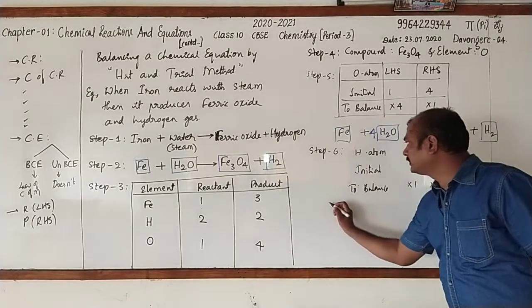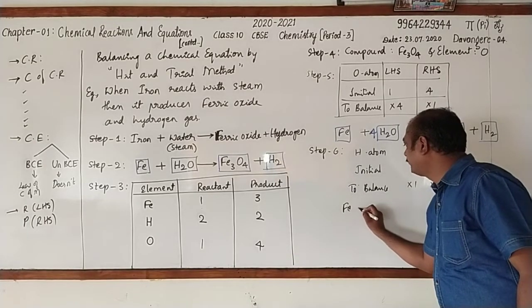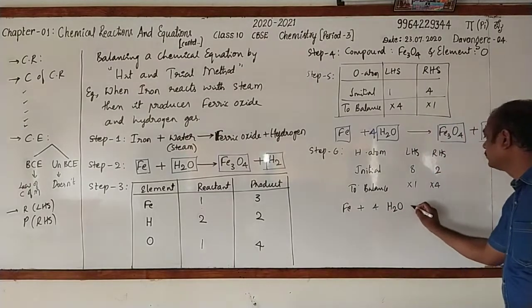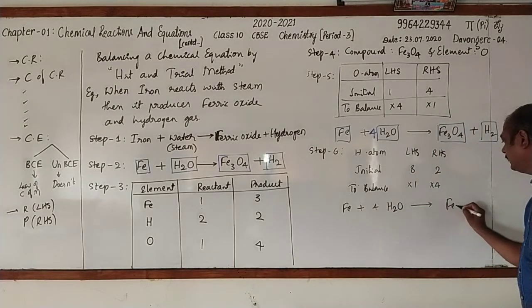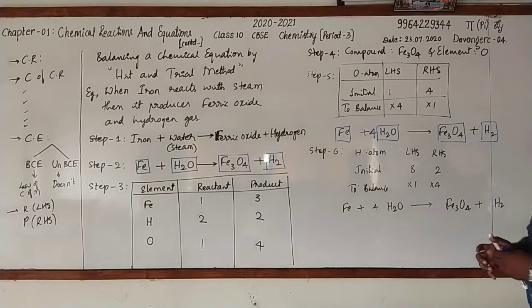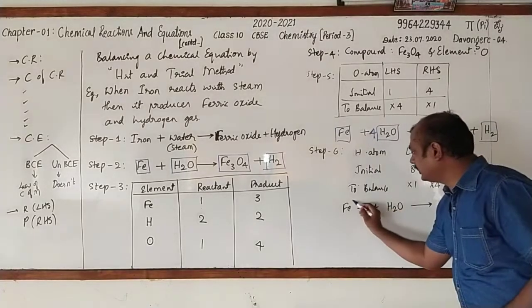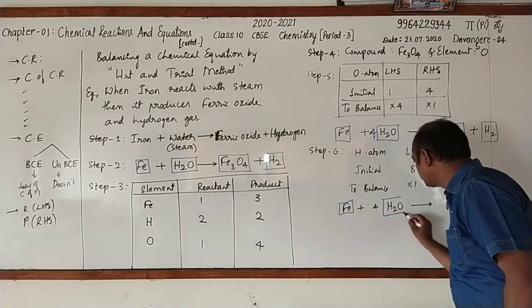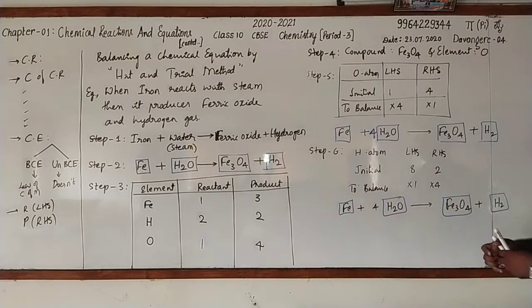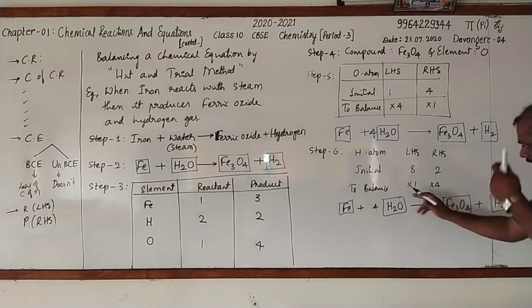Here I'll write. It is Fe plus 4H2O gives rise to Fe3O4 plus H2. Let us go for highlighting them with the box. Observe. Here we are balancing hydrogen.